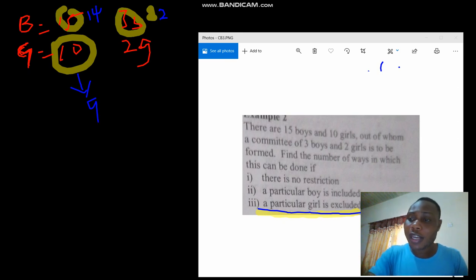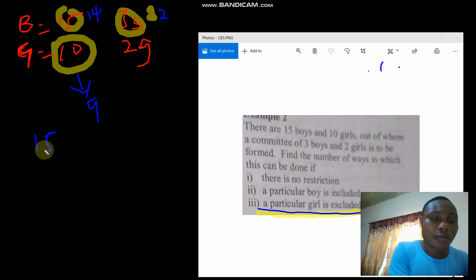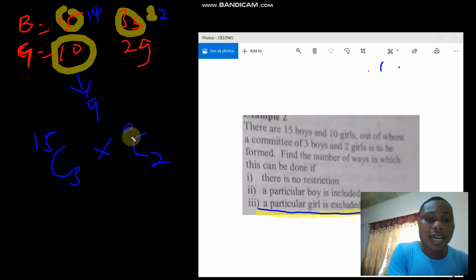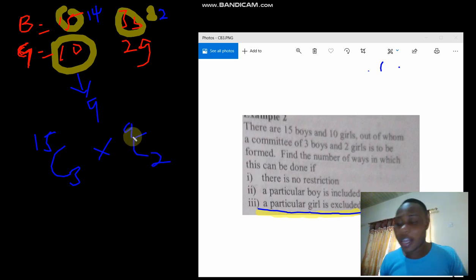So let's just go straight forward. We are still selecting 3 boys out of the 15, times 2 girls out of 9 now, because one person has been excluded.